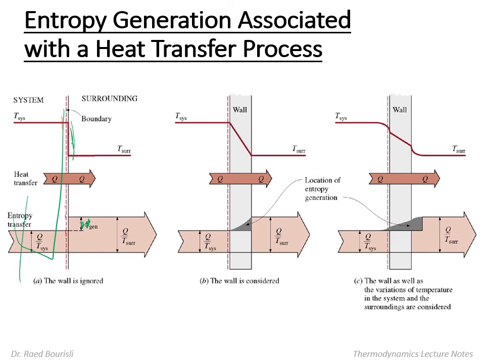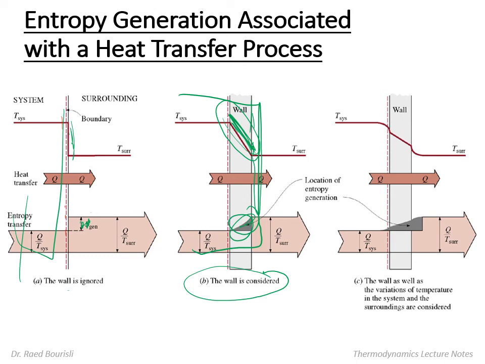This is internally reversible, so the wall is ignored. When the wall is considered, then in actuality this entropy generation happens within the wall, because this is where the non-isothermal heat transfer happens. And if I include this within the system, then these irreversibilities happen within the system.